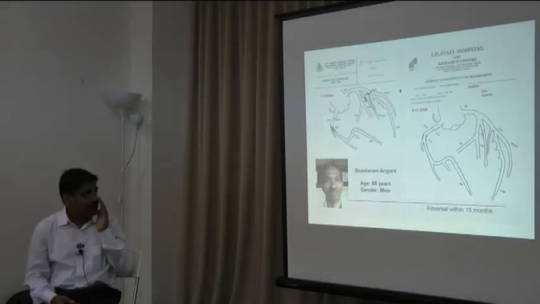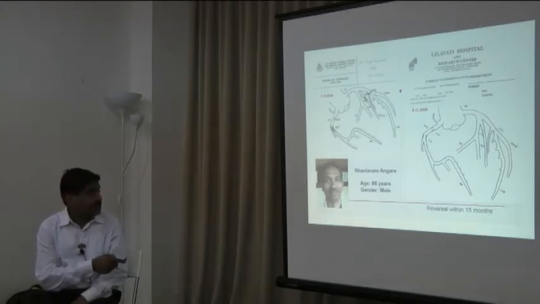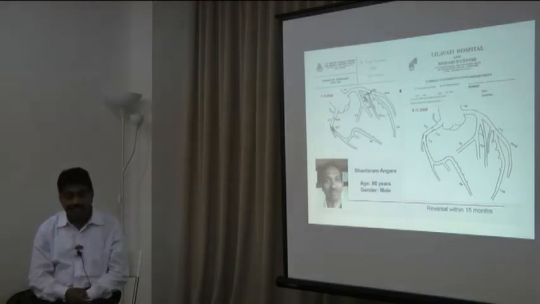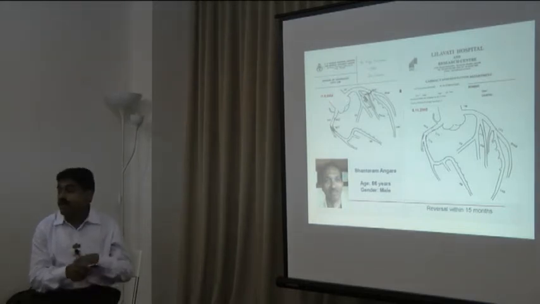Here is another case of what is called as coronary artery disease. This man of age about 66 years, he was diagnosed of having blockage in the blood vessel. This is a picture of angiography.